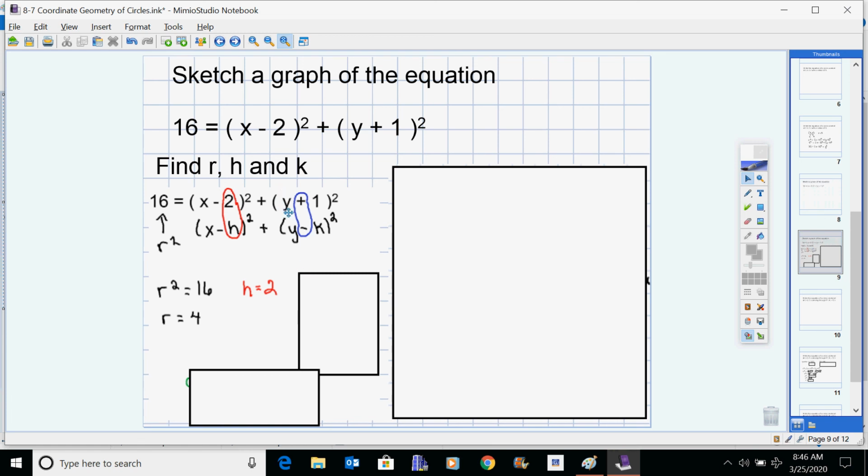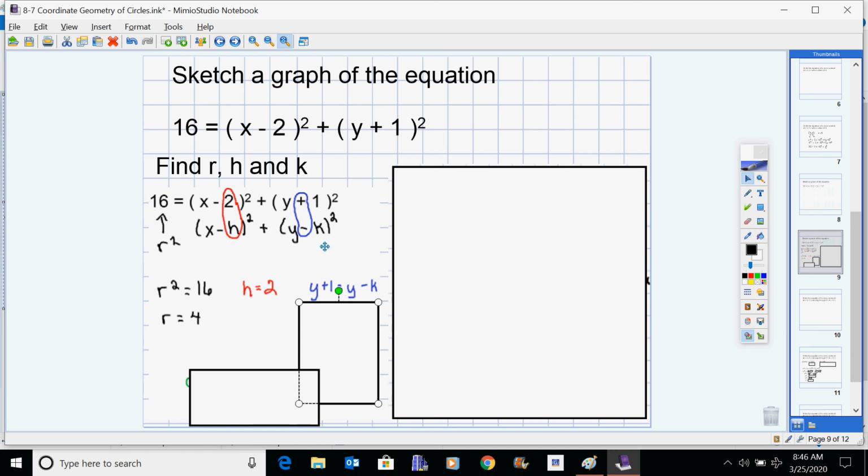So what this really means is that y plus 1 is in the spot where we should have y minus k. The formula is R squared equals x minus h squared plus y minus k squared. So I'm just going to set it up here.